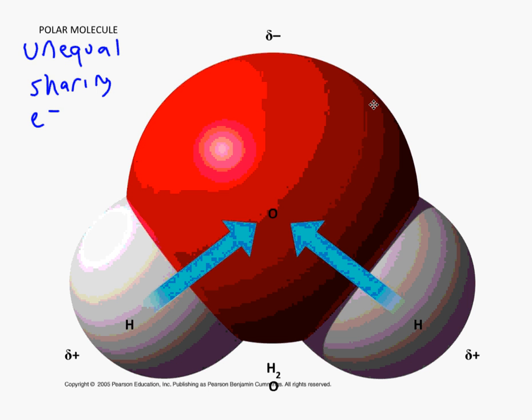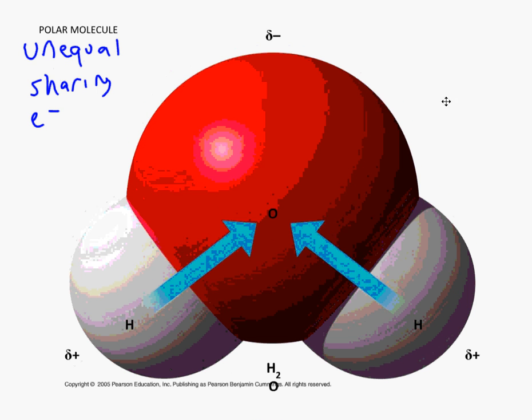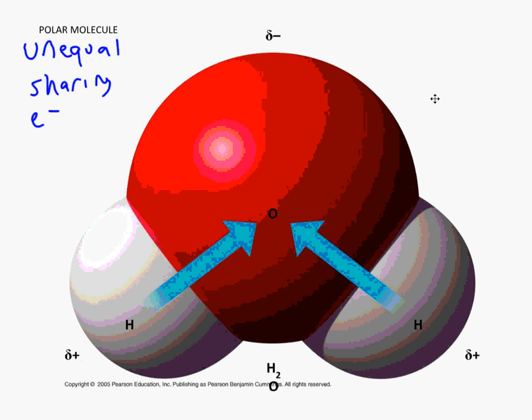Well, let's take this water molecule, for instance. This water molecule has 8 protons, and they don't look like that, but you get the idea. And these hydrogens have 1 proton each.